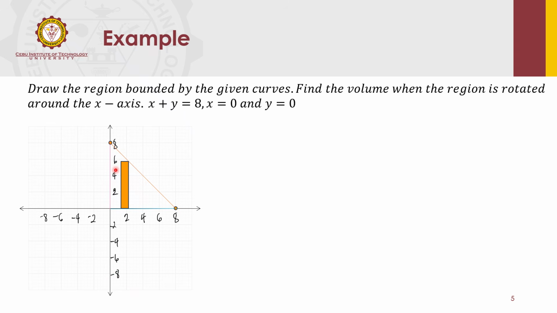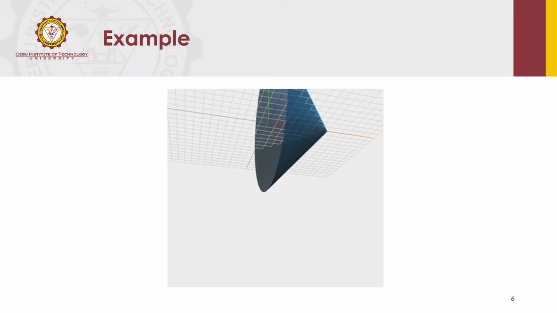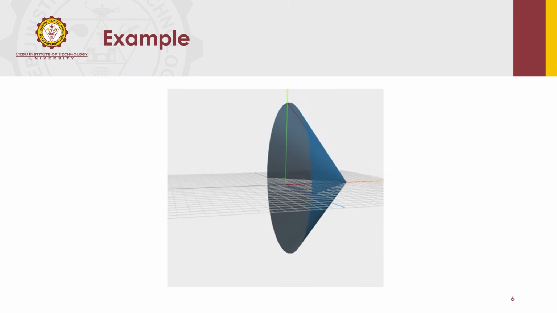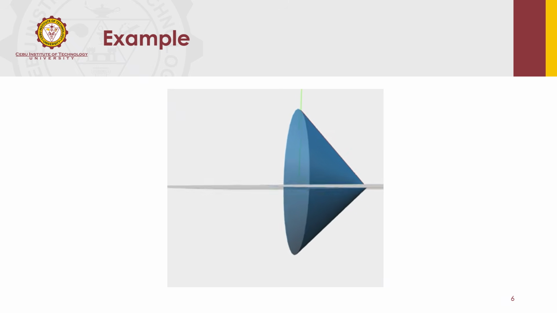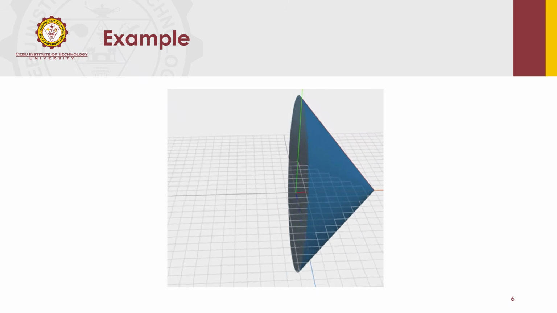So it's basically a bigger triangle, and if we rotate that, it forms a cone. This is how the volume rotated around the x-axis looks like. It's a cone that is placed sideward. So the cross section is a circle.